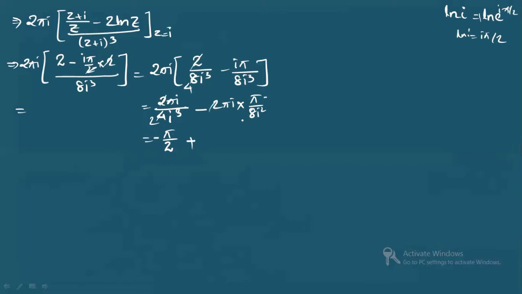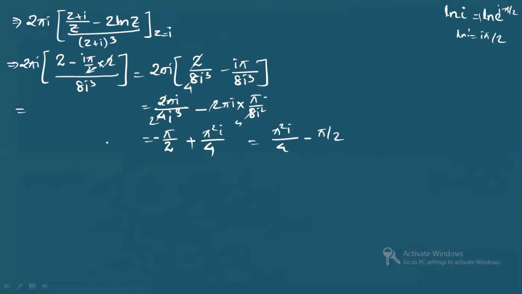This will give you 2 4s, so you're getting π²/4. Is it okay? Here one i will be there. So this is what you will get. You can write it as π²i/4 minus π/2. All right, this is the value.